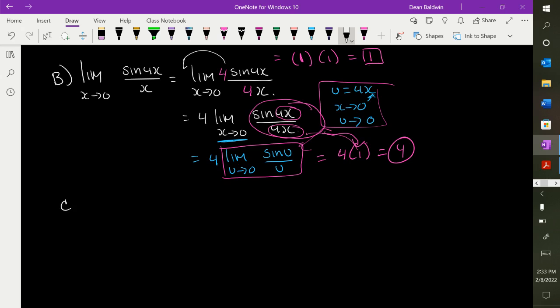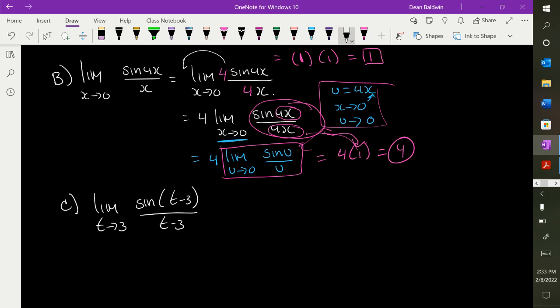Let's see. Now, the limit as t goes to 3 of sine(t minus 3) over t minus 3. Okay. So now I just said if these match, then you can just say it's 1.